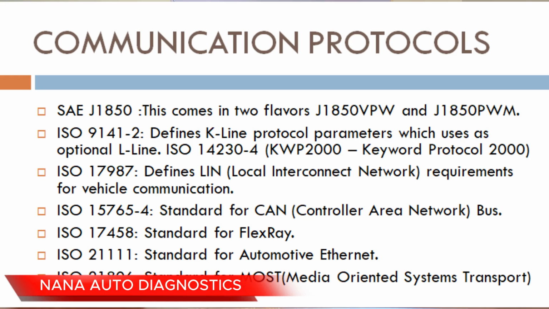Next, we shall also look at the ISO 17458, which is a standard for FlexRay, and move on to ISO 21111 standard, which is a standard for automotive Ethernet. And we shall also look at the ISO 21806 standard, which is for MOST, standing for Media Oriented Systems Transport.